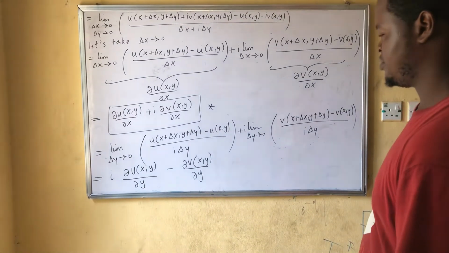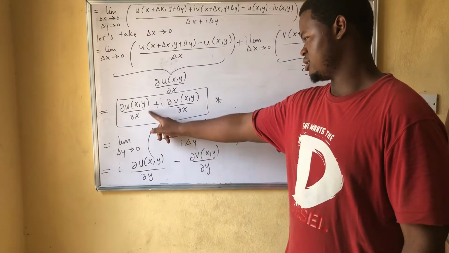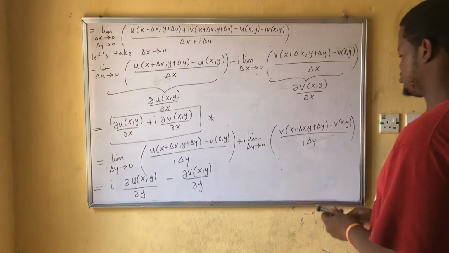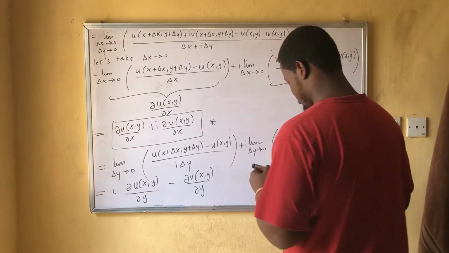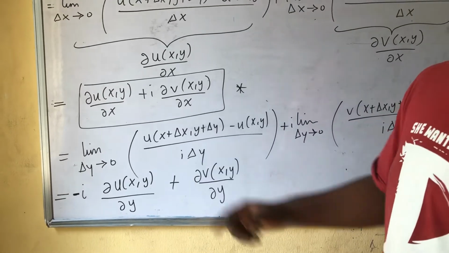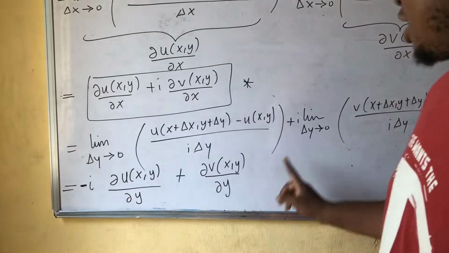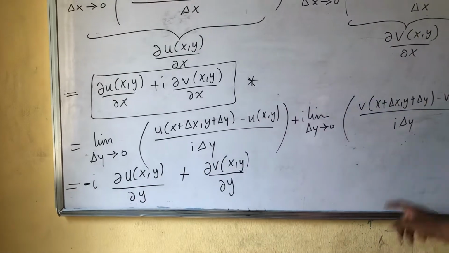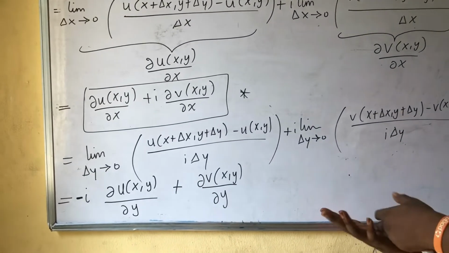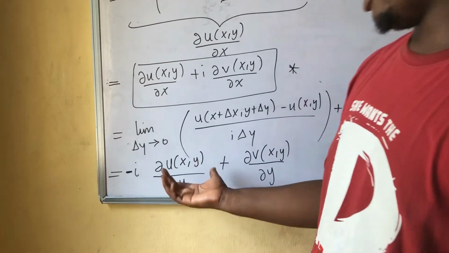Okay guys, sorry, there was an error. When we multiply the numerator and denominator by a complex constant, i times 1 is just i, and i times i is minus 1, so there I will get minus i. When we do the same thing here, i times i is minus 1 and i times i is also minus 1, so minus 1 divided by minus 1 gives plus 1. So eventually from this we got negative i times this, plus this.